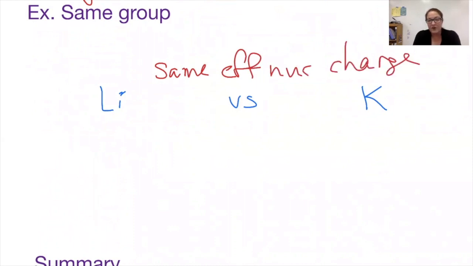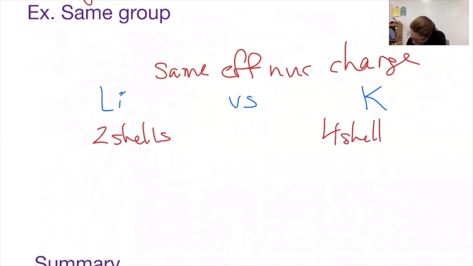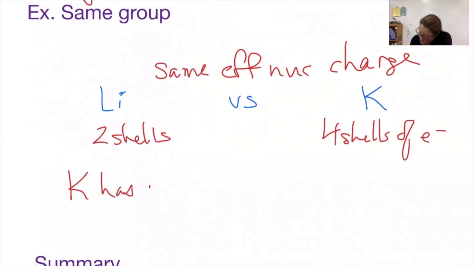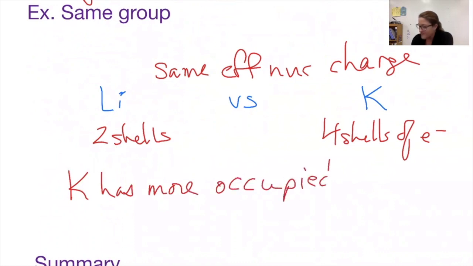However, if I look at their electron arrangements, I'm going to find that lithium has 2 shells of electrons, whereas potassium has 1, 2, 3, 4 shells of electrons. So potassium is going to be bigger, because it has more occupied shells of electrons.